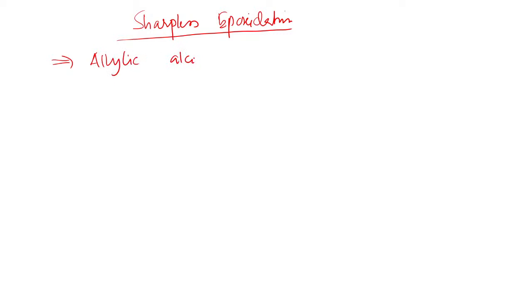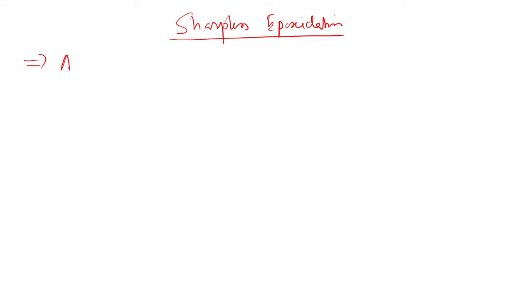So another important reaction is the Sharpless epoxidation, with allylic alcohols getting epoxidized.